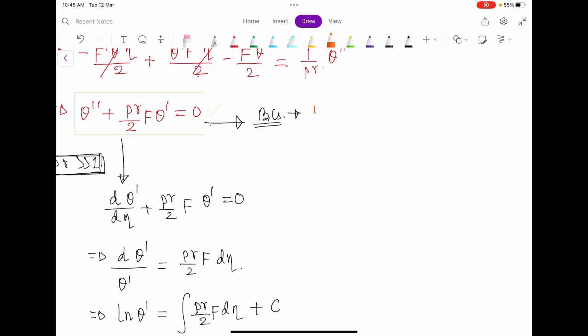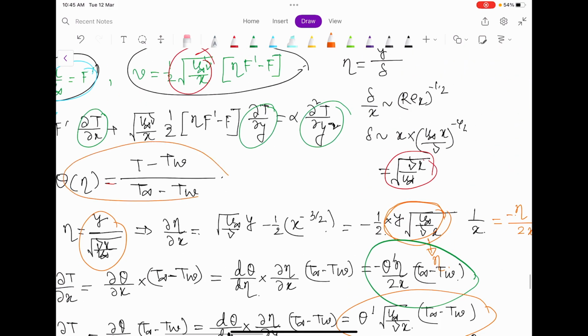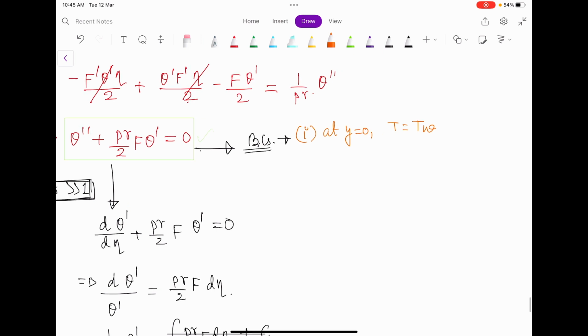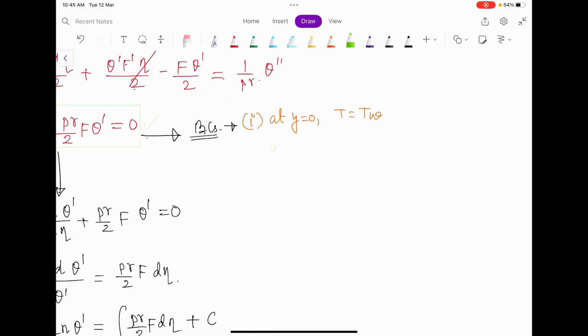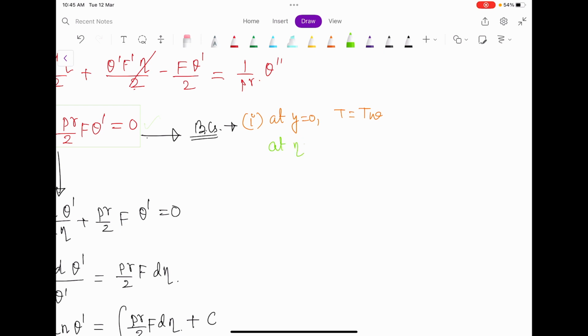Boundary condition 1 is at y equal to 0, T is equal to T wall. So let us look back at our theta. Theta is this. If T equals T wall, then this becomes T wall and theta becomes 0. So this boundary condition boils down to: at eta equal to 0, theta is 0.